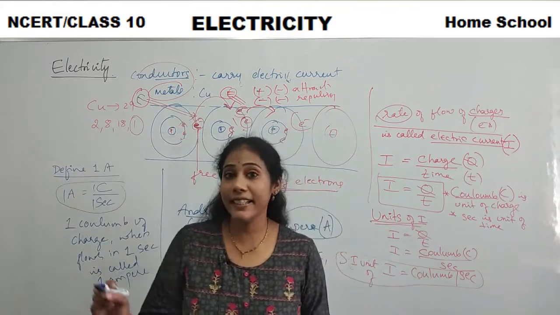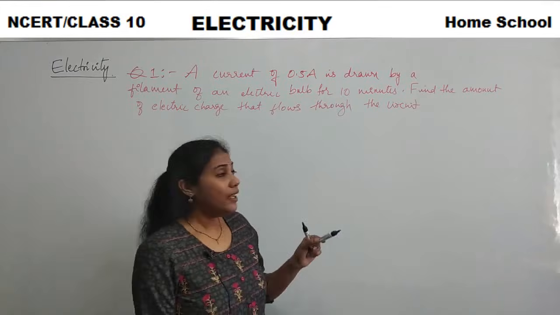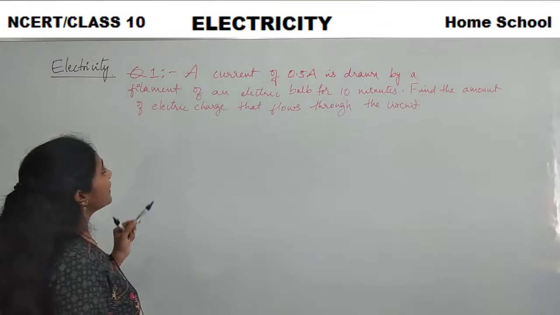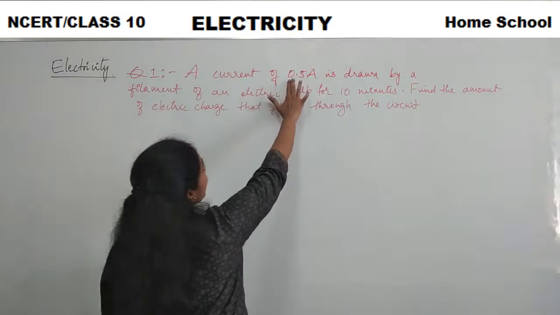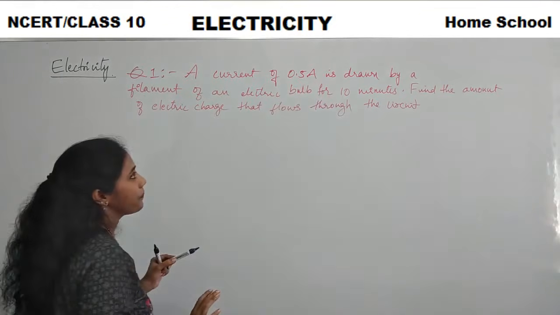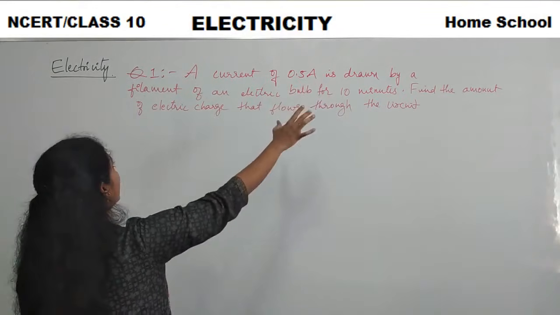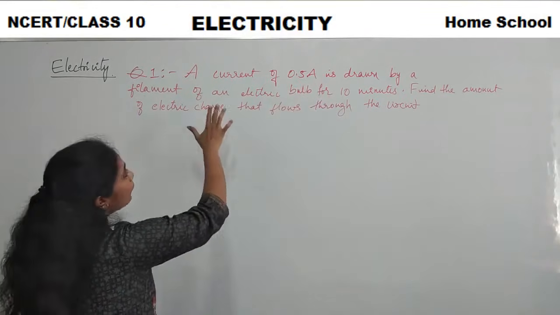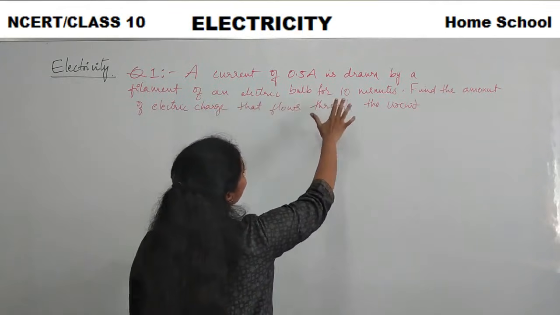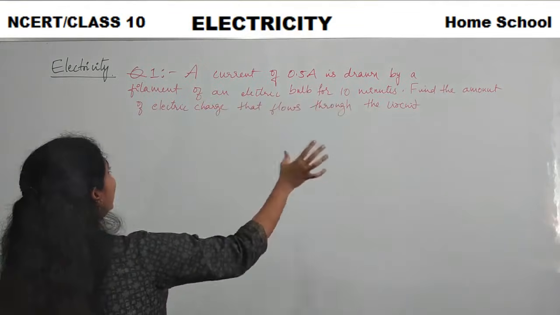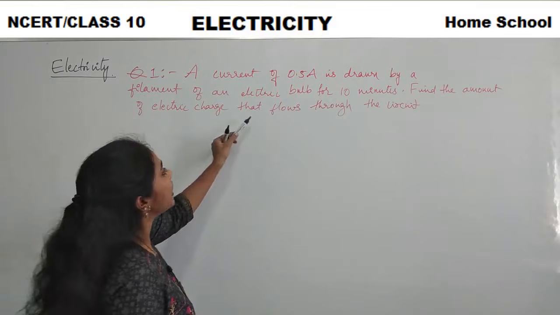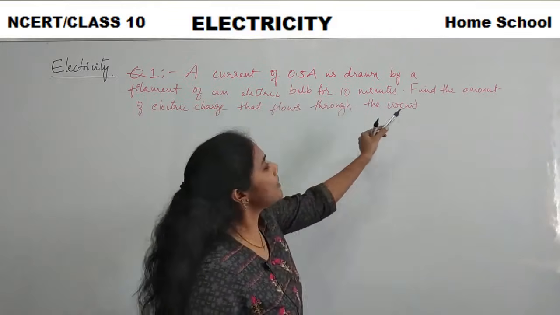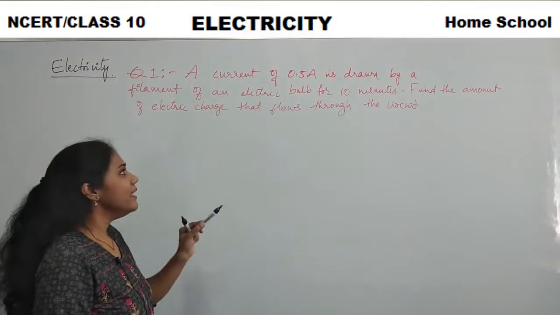Now we will see certain problems on this. Sit here and try to understand this problem. A current of 0.5 amperes is drawn by a filament of an electric bulb for 10 minutes. Find the amount of electric charge that flows through the circuit.